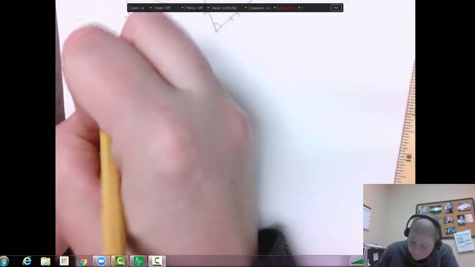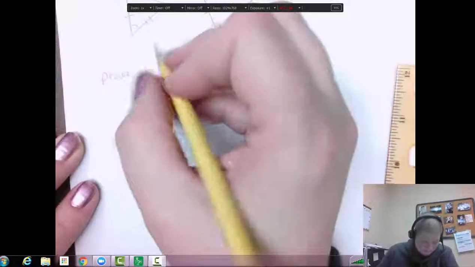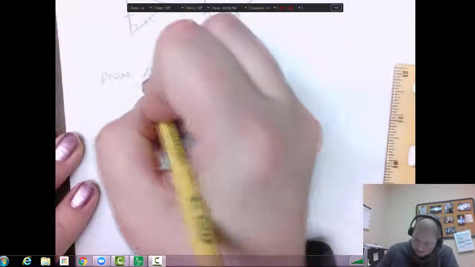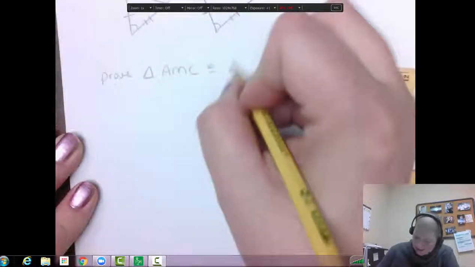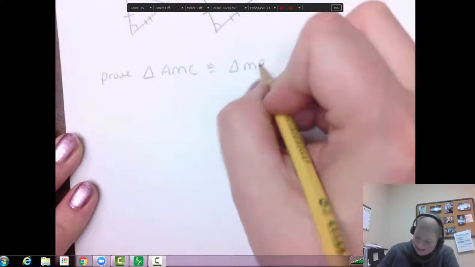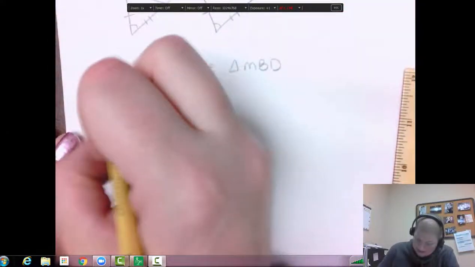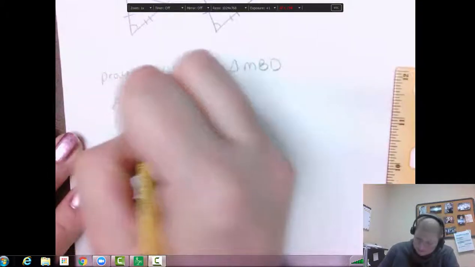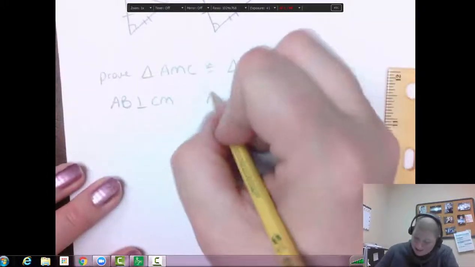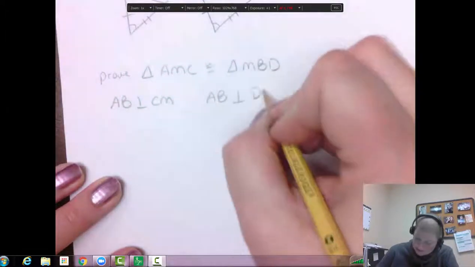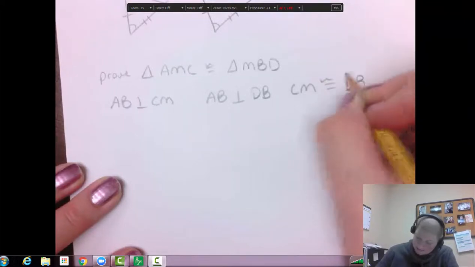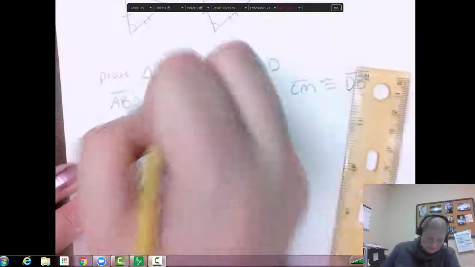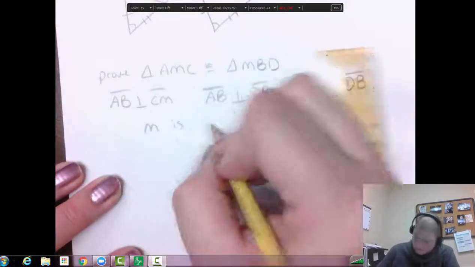And I am going to use my ruler, so I'm going to prove triangle AMC is congruent to triangle MBD, and you're going to be given that AB is perpendicular to CM, and that AB is perpendicular to DB, and that CM is congruent to DB, and of course I haven't drawn any of these yet to show you what, and M is midpoint.